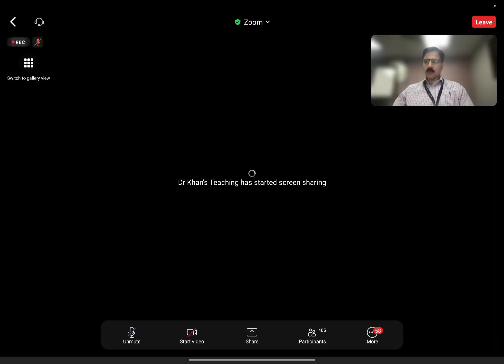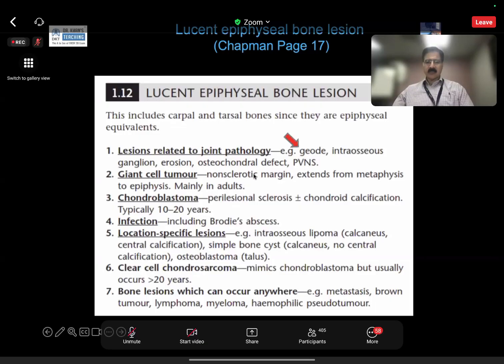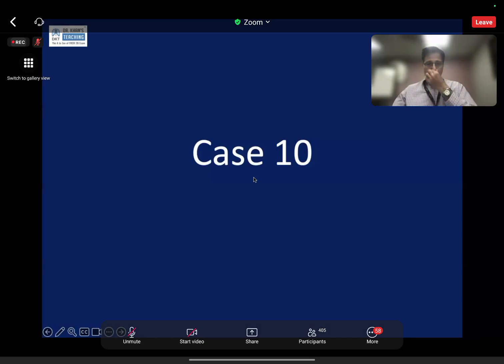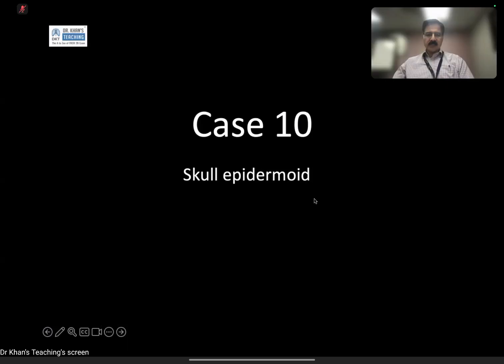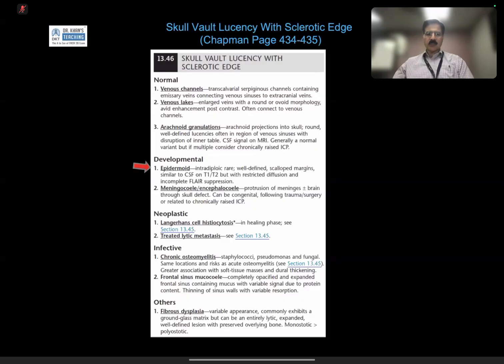And this was another very simple case which becomes very difficult in the exam, because it is for differential diagnosis. And this is a skull epidermoid. And you know the differential diagnosis in your Chapman, there are two differential diagnoses.